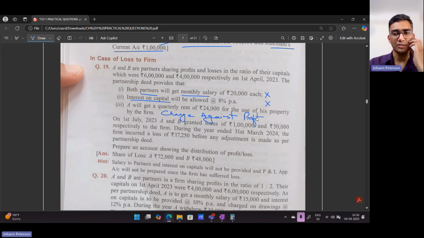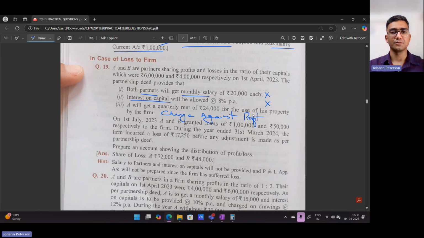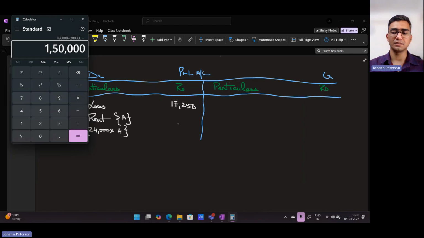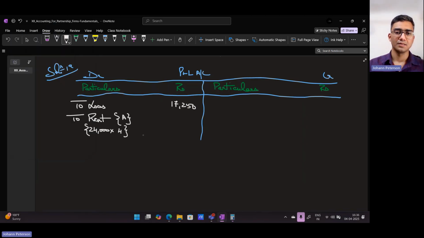We are paying 24,000 per quarter. Therefore, here we will write to rent, A. It will be 24,000 into 3 quarters or 4 quarters? 4 quarters. That means 24 into 4 means 96. So 96,000.